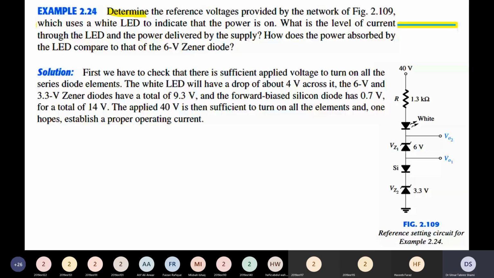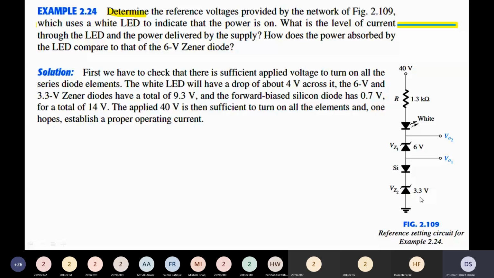Then we see VZ1, which is our first Zener diode, and its value is 6 volt. Then after this we see a silicon diode, which will produce a voltage drop of 0.7 volt. And then the last component is again a Zener diode, VZ2, of value 3.3 volts.